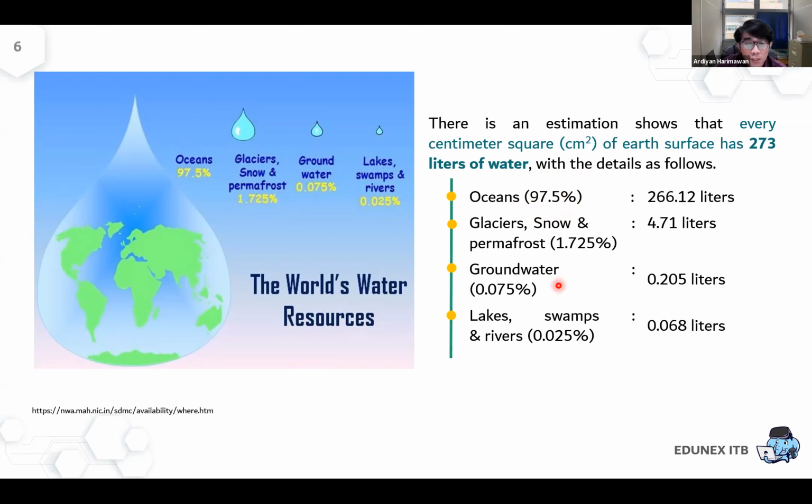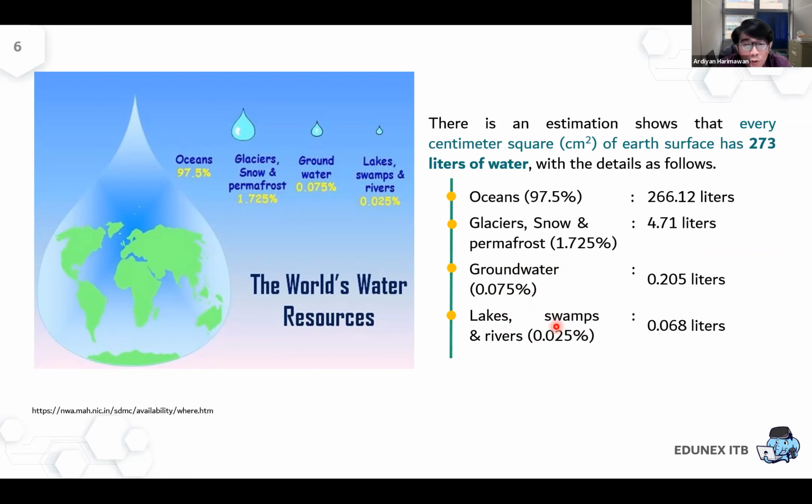But with simple technology, what you can actually use is the groundwater and surface water, which is only about 0.1%. Around 97.5% of water is in the ocean, but what you can use directly, of course after treating it before industrial use, is only roughly 0.1%, in the form of groundwater and surface water. So it's very little compared to all the water on Earth.